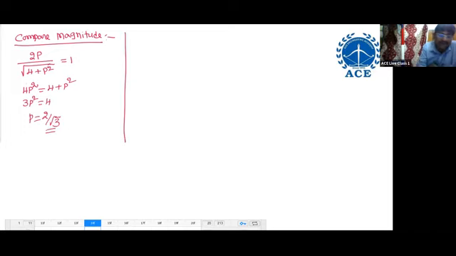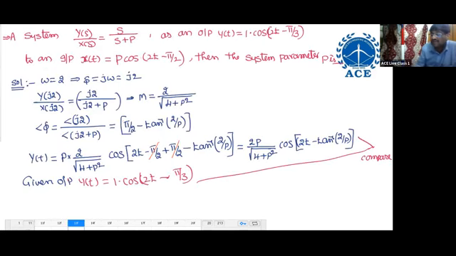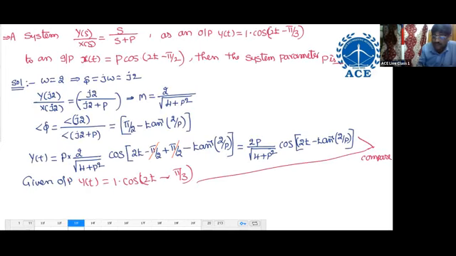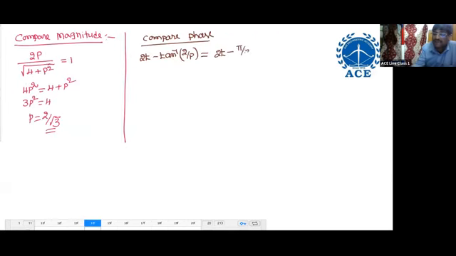Or even if you compare phase, you'll get the same answer. Compare phase. What is the phase? 2t minus tan inverse of 2 by p equal to 2t minus pi by 3. Now 2t cancels.